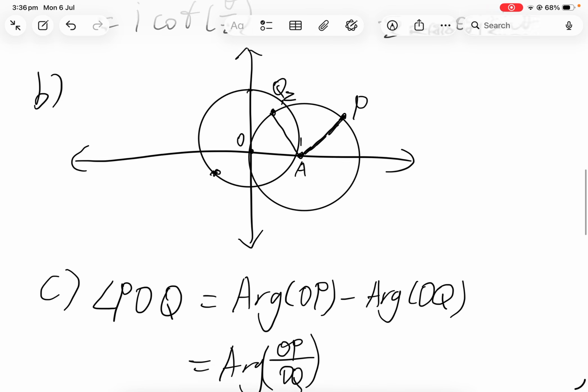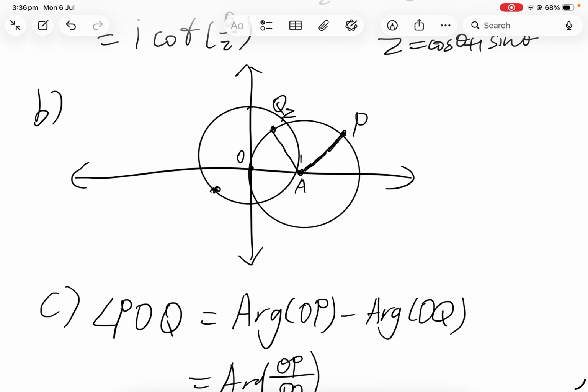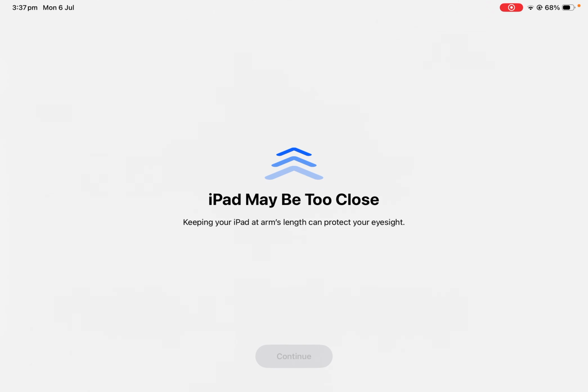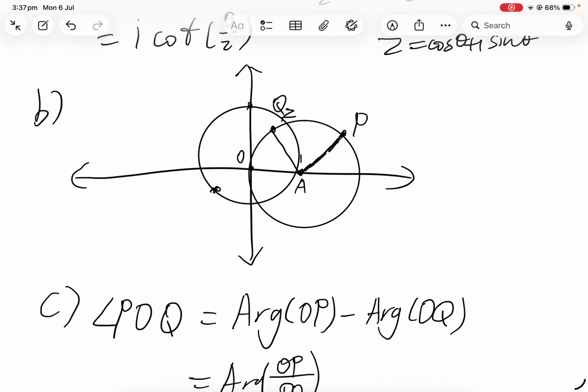That's how it works. If, for example, z is here, we do 1 plus z, which is 1 plus i, and 1 plus i is right here. 1 minus i is right here.